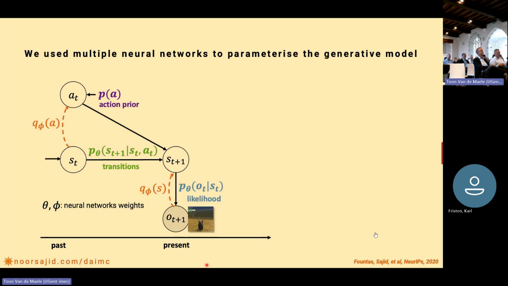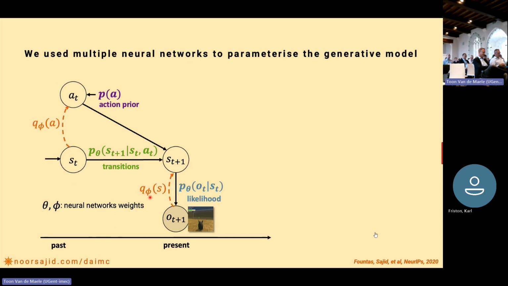For now, just bear in mind that this is a deviation from the previous specification that we saw. In order to define this generator model, what we end up doing is parameterizing each of the model parameters, or the probability distributions, using neural networks. The joint distribution that we saw previously, so the transition and the likelihood, are parameterized by the theta parameters, which denote the weights of the neural network.